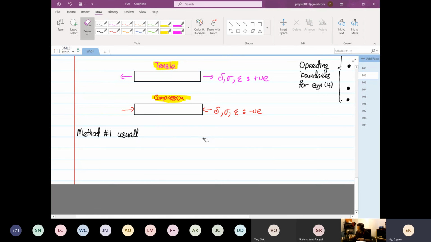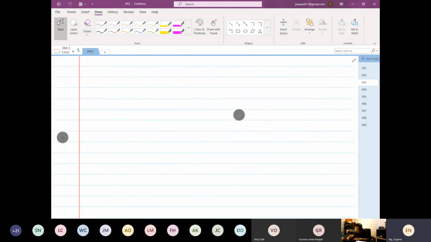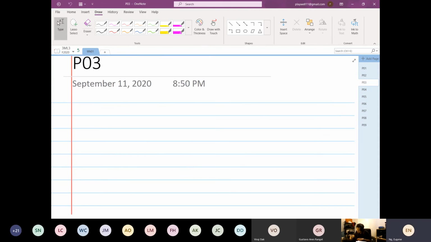Let me write on a different page. So method number 1 usually applies static analysis.